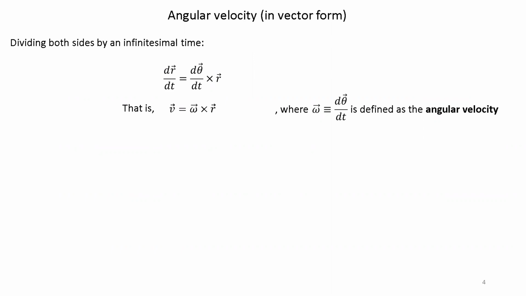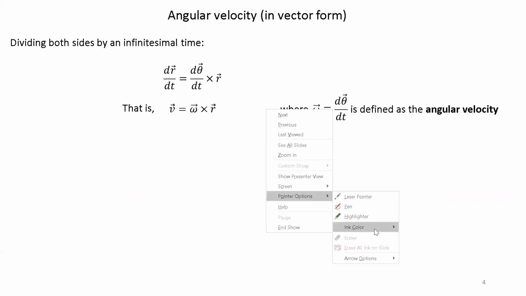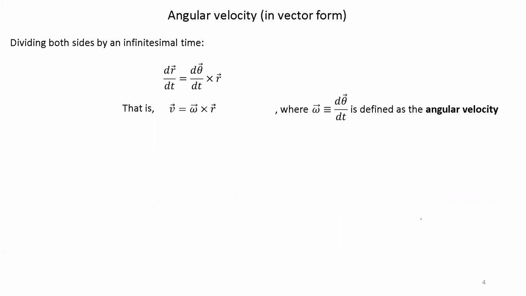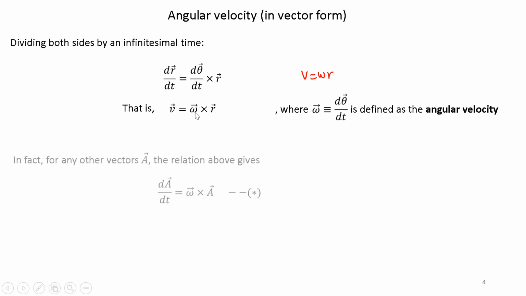I believe this is something that you have learned before. At least I believe that you have used the scalar version of this, v equals omega r, without worrying about the vector nature. But in general, this is how we have the relation: v equals omega cross r.